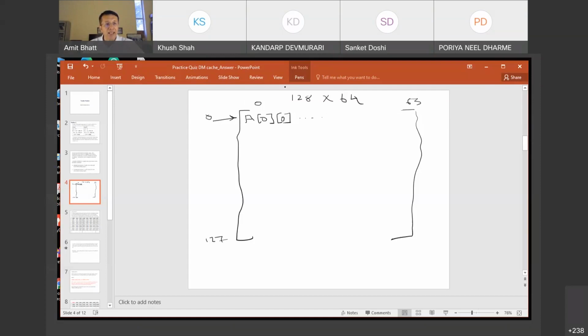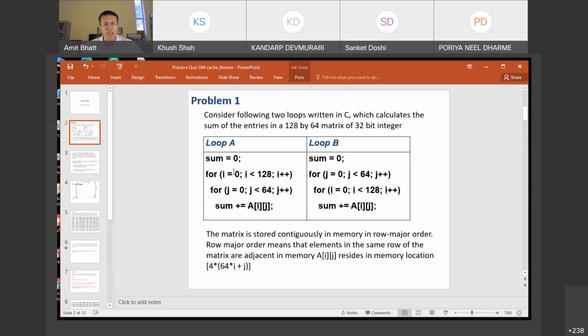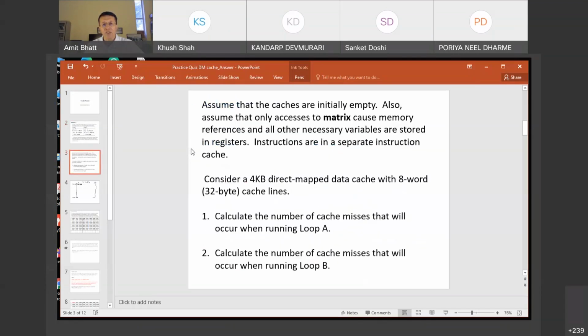And as you see, the i is in the outer loop. You must have understood this from your first basic course in programming, that you first put i equal to 0, and then you go to the inner loop, and you go through this. So A[0][0], A[0][1], A[0][2], A[0][3]. And when this loop is finished, which will happen when it reaches j equal to 63, it will come out of the loop, and that would be your first row.